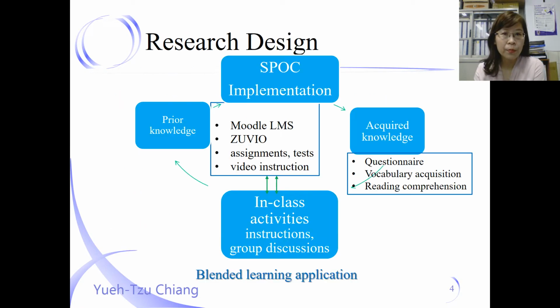My research design uses SPOC as a model, but it's kind of a blended learning application. In terms of SPOC, in our school we don't have a SPOC per se, but the school asked all the teachers and students to get into a kind of platform.